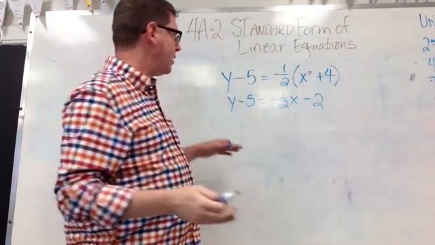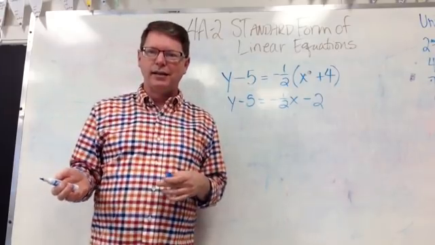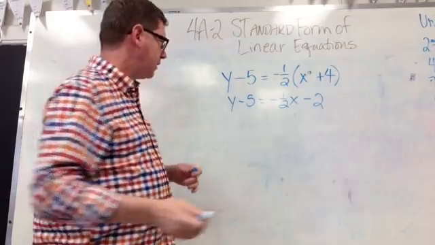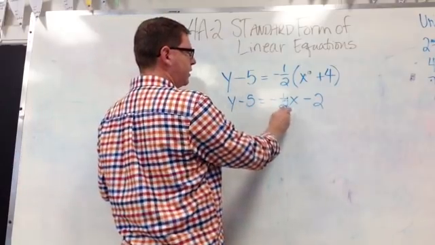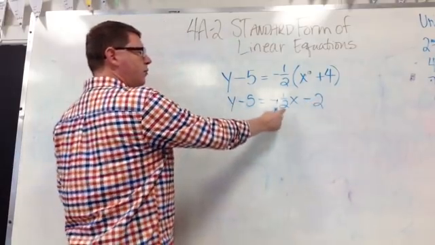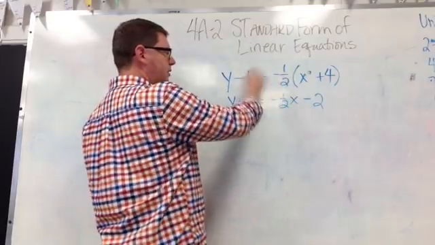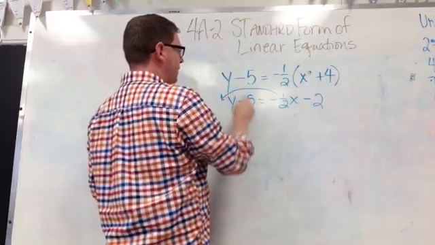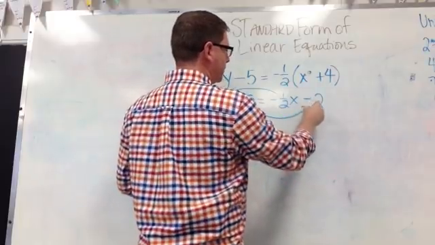Okay? So now I need x and y on the same side, and all the other constants need to be on the other side. So we've got y minus 5 equals negative 1/2 x minus 2. Well, the x is negative, so let's bring it over with the y, and I'm going to take this negative 5 and move it to the other side. Okay?